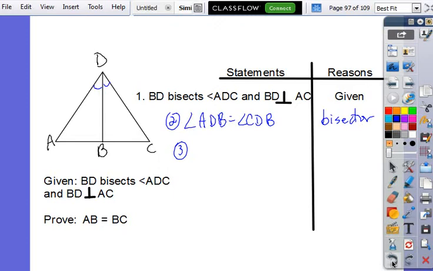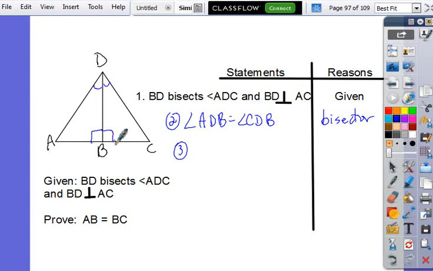It means 90 degrees, right angles. So it tells me that BD is perpendicular to AC. So if they're perpendicular, that means right angles.